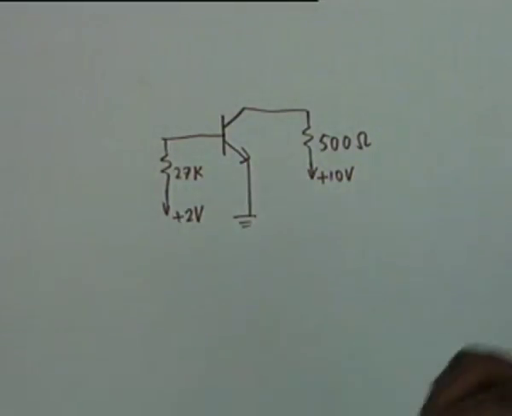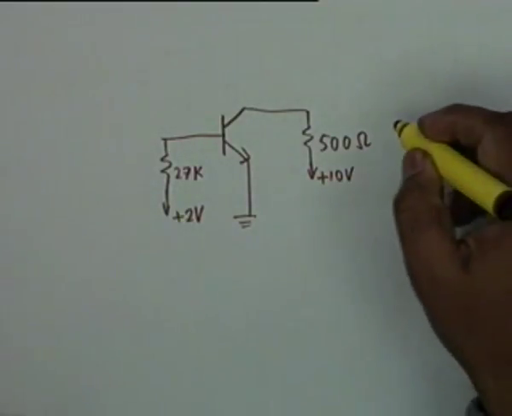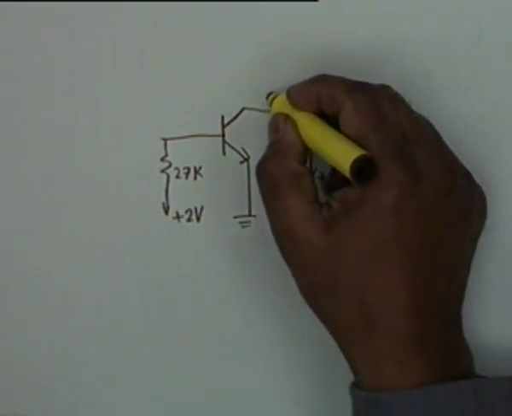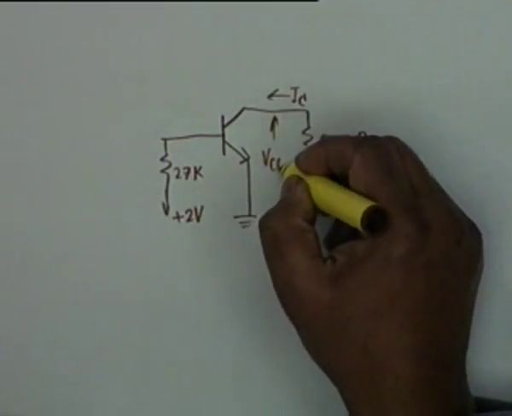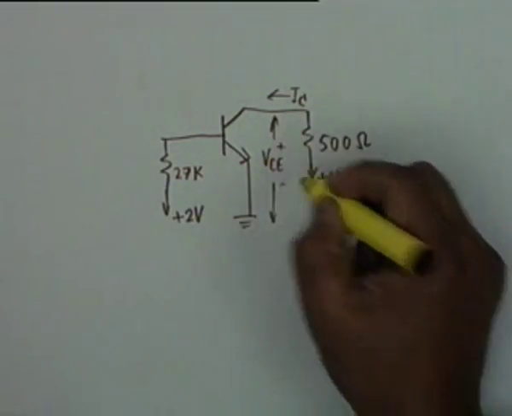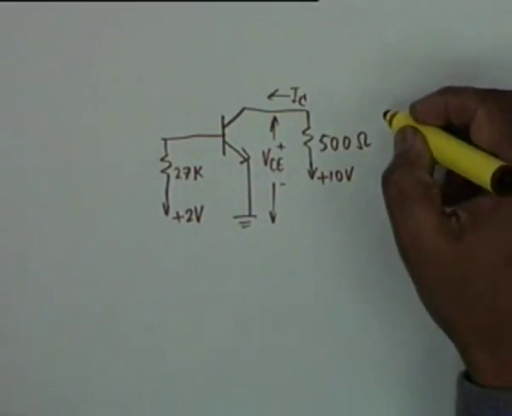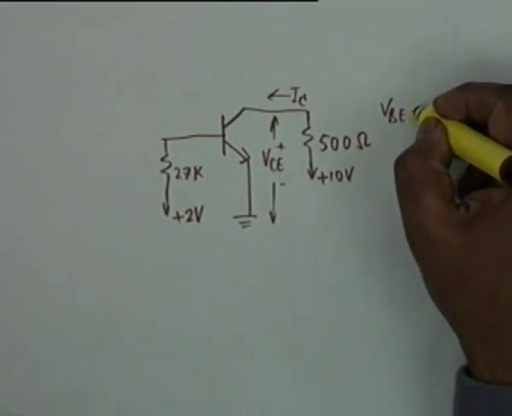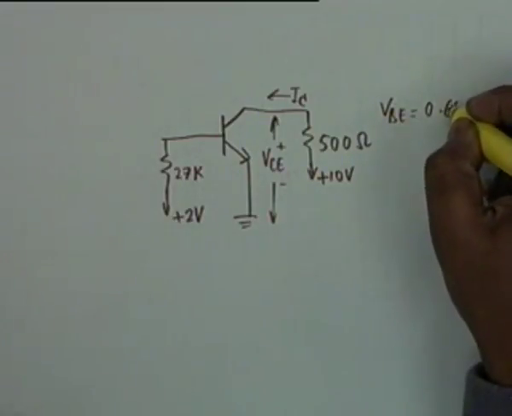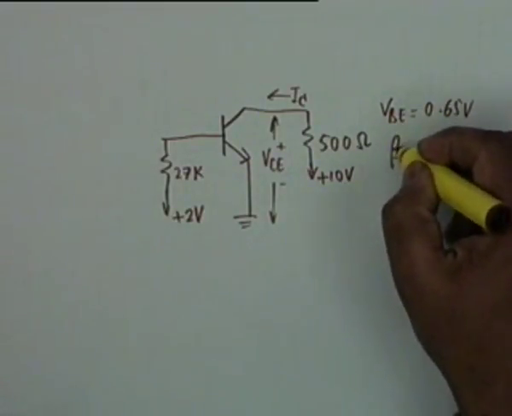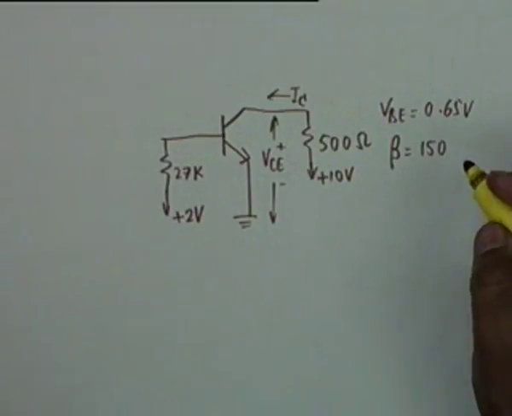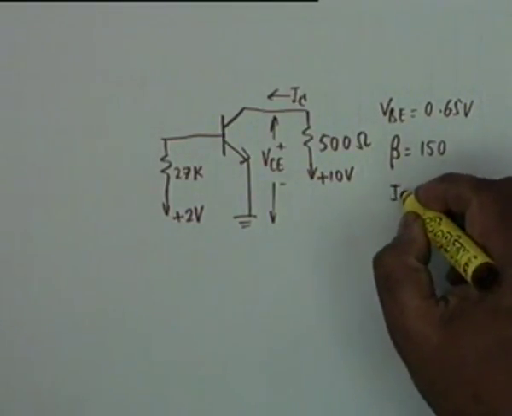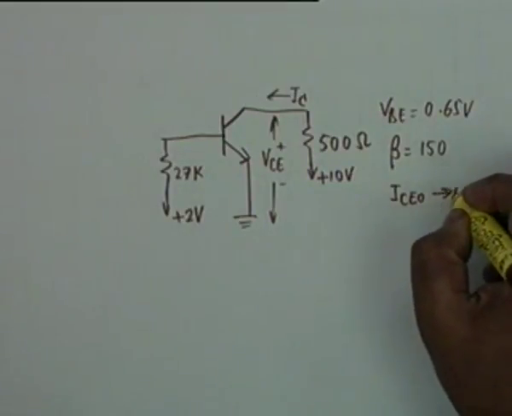The problem was to find out I sub C and VCE, the DC values. It was given that VBE is equal to 0.65 volt, beta was given as 150 and ICEO tends to 0.